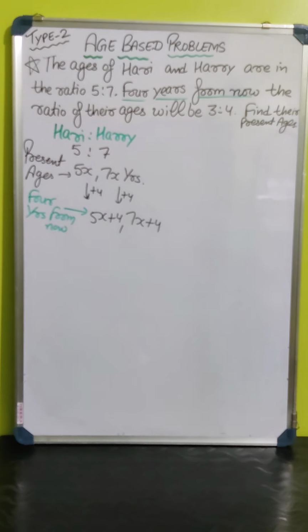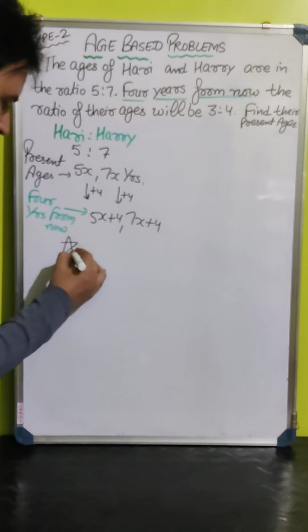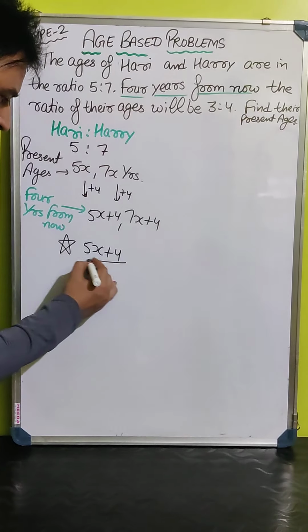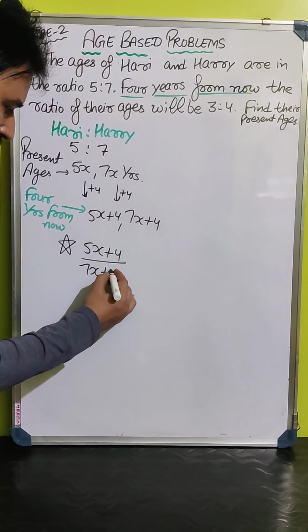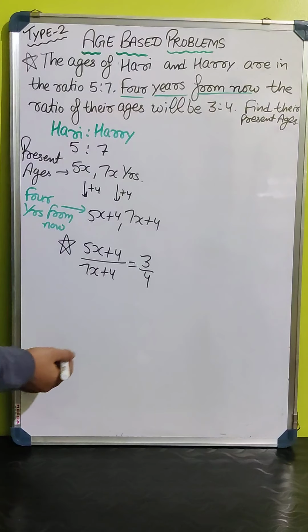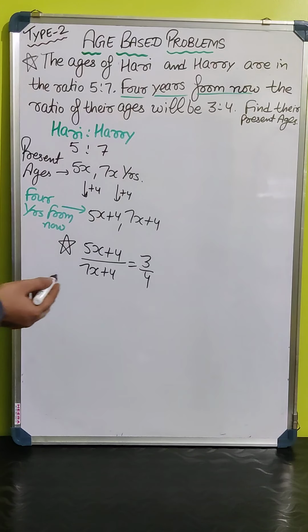Now they have given again 4 years from now. That means 4 years later the ratio will be 3:4. Now this is the ratio, that is 5x plus 4 divided by 7x plus 4. The ratio is coming 3:4, means 3/4. Simply do the cross multiplication.